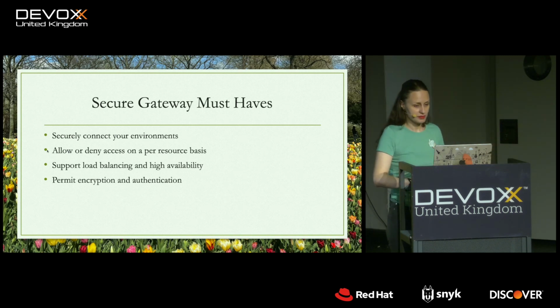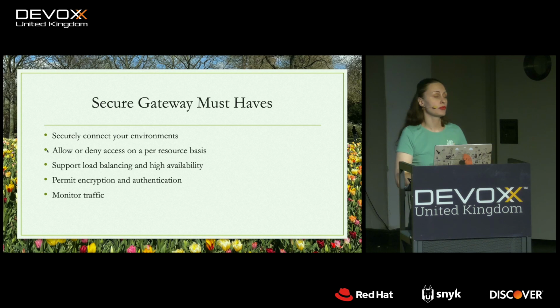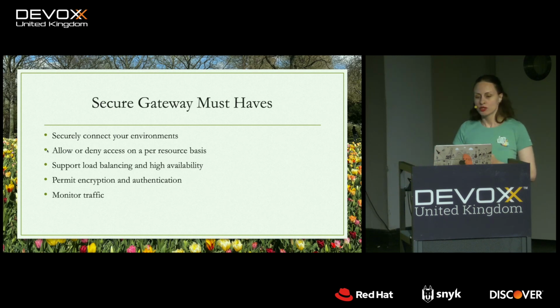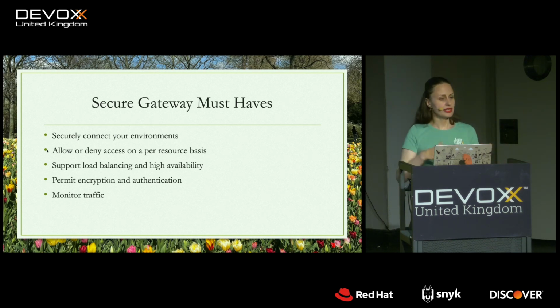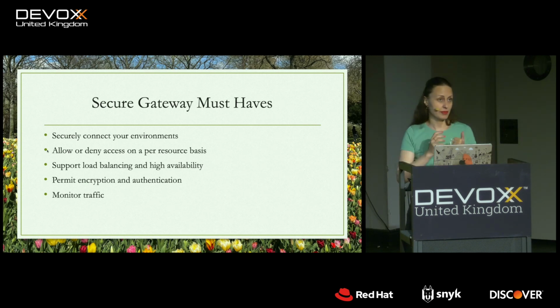And of course, monitor traffic, because I would like to know what's going on with the traffic that's incoming to my application or going from my applications. So we're going to look at these must-haves throughout the presentation and see how well they're satisfied by different ways of implementing this.